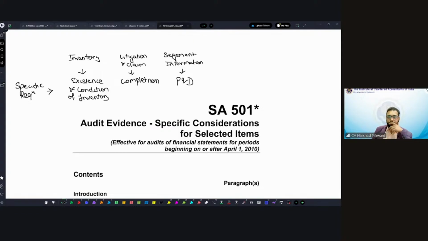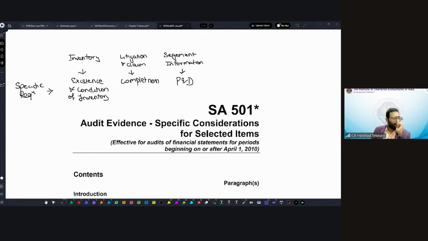We will do the physical verification. Hmm. What else? What will you do with respect to the existence and condition of inventory? Physical verification, yes, very good. Yes, Megha, correct.